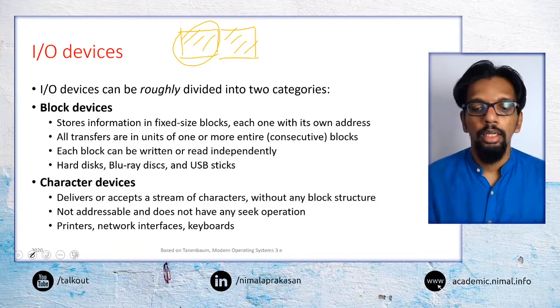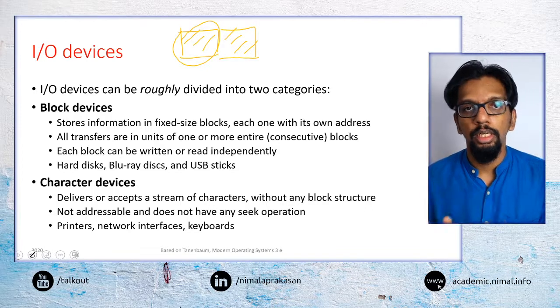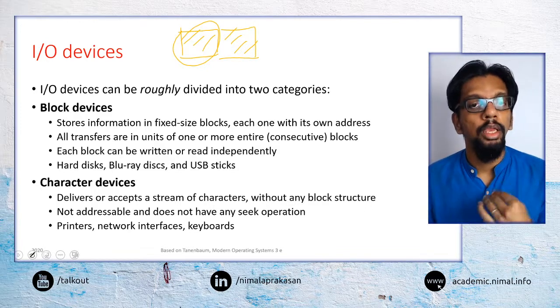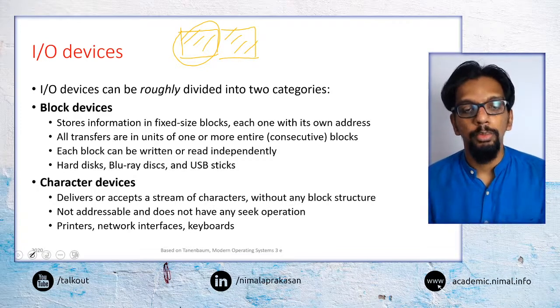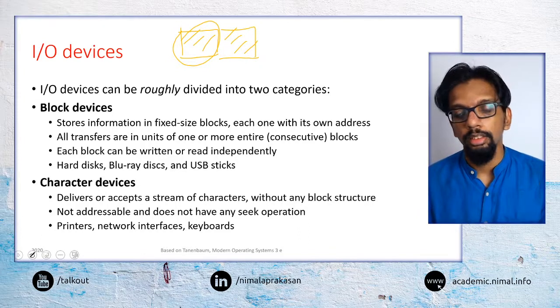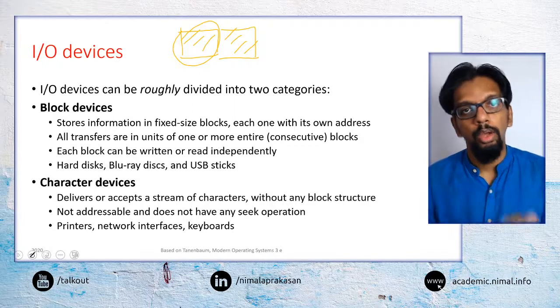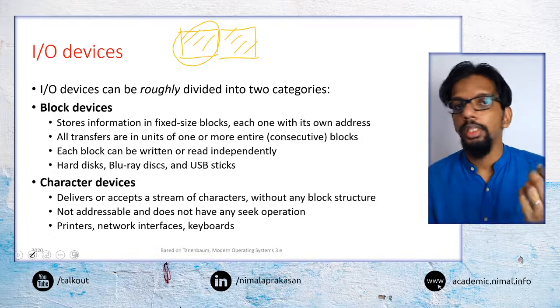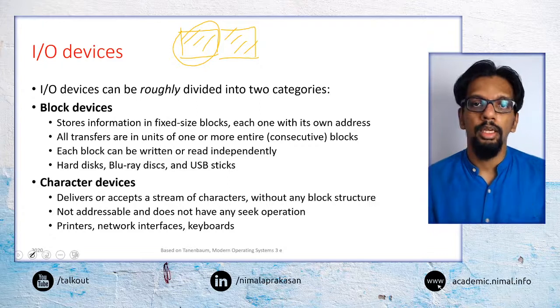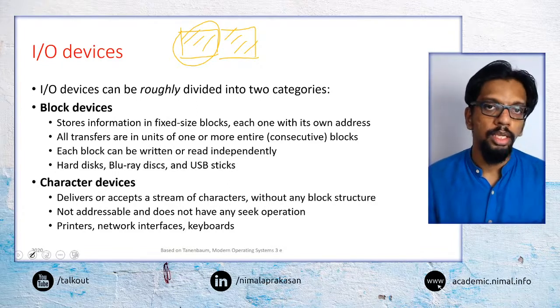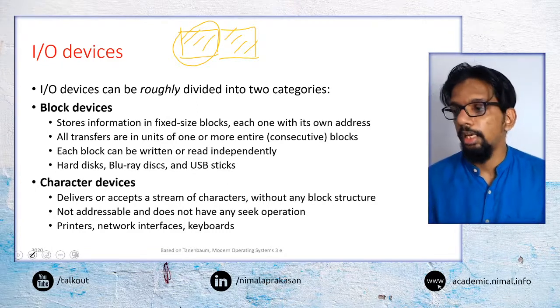On the other hand, we can have certain other devices that may transfer information as characters. Again, a good example for that could be a keyboard, where once you press a key, it will just send that key press information as a character. Then when another key is pressed, it may send that key.